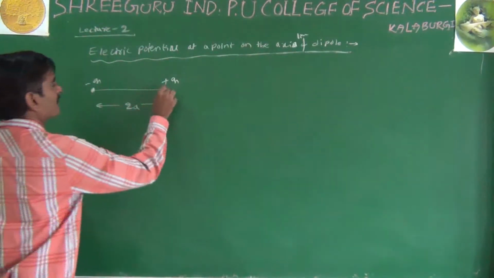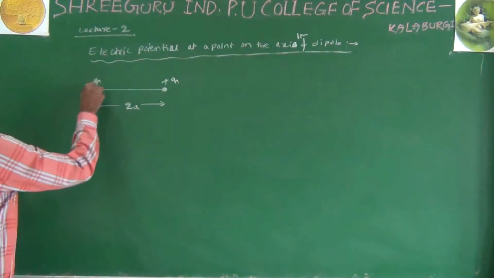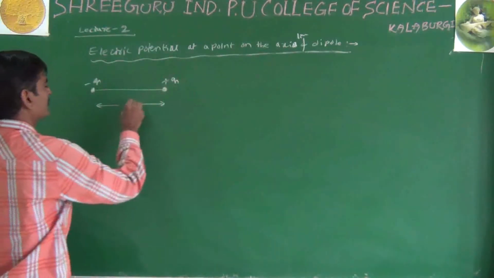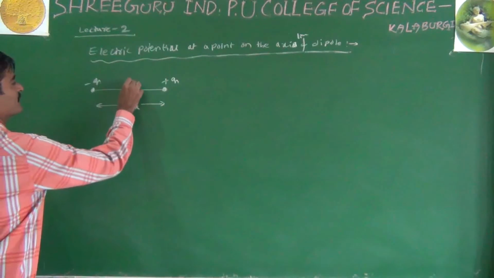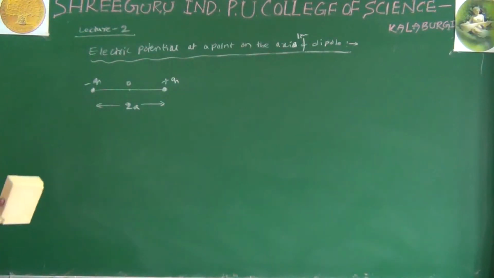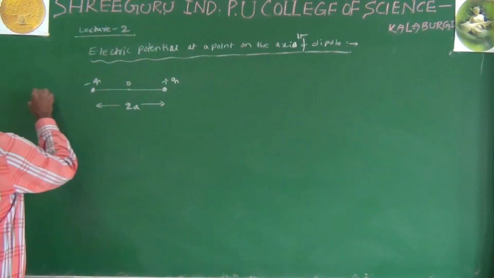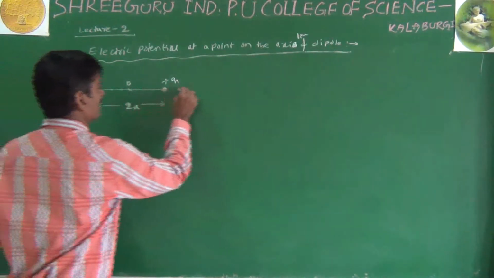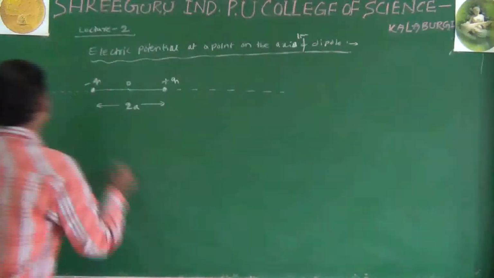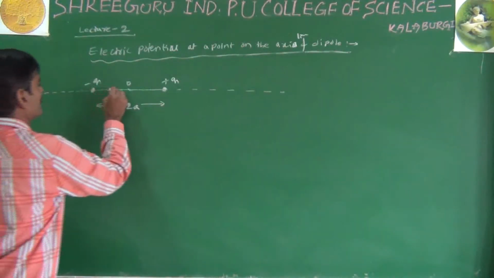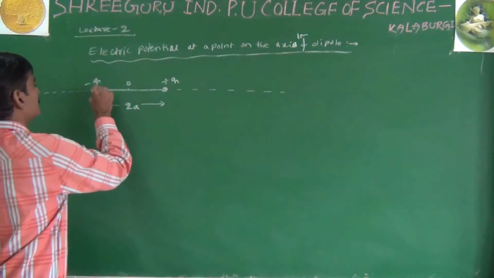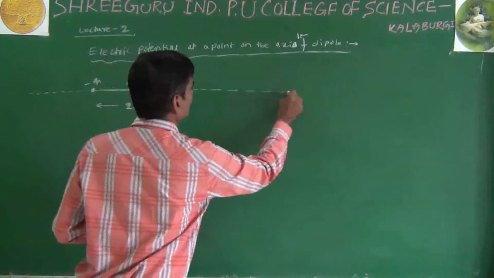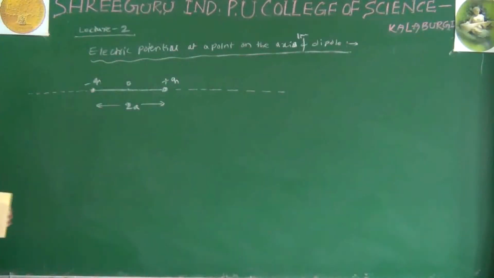O is the center of the dipole, and this line is called the axial line of the dipole. So here I am drawing this line, the line passing through both the charges. It is called the axial line of the dipole.